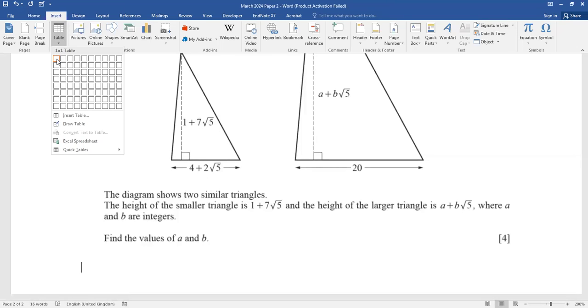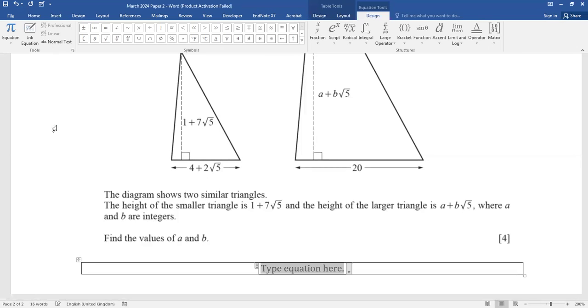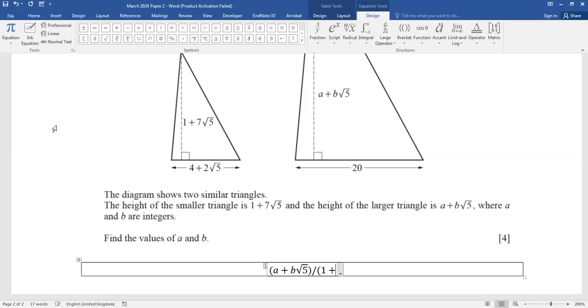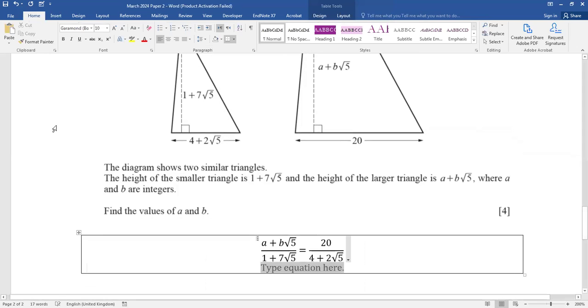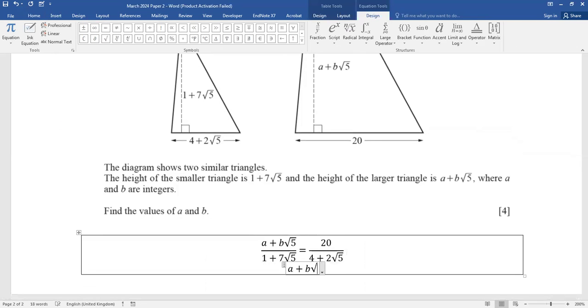We can simply use the ratio of similar figures, a plus b root 5. The ratio of their heights will be equal to the ratio of their bases. So a plus b root 5 is what I need to find.